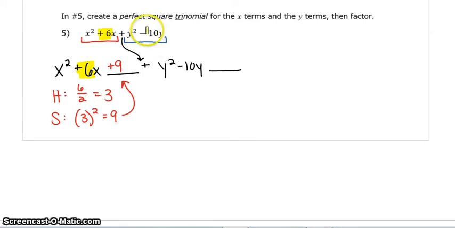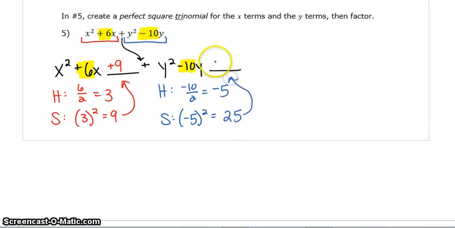So my b value is the negative 10. So I need to half it. Half of negative 10 is negative 5. Square it. Negative 5 squared is a positive 25. And because it's positive, I'm always adding the number here. So plus 25.